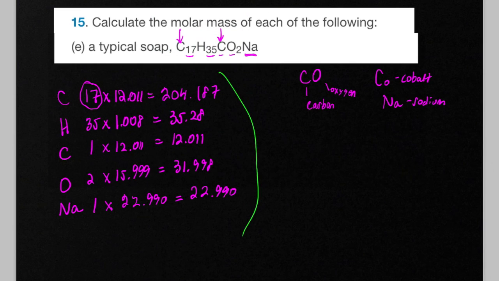The last step, remember, is always to add them all up. Okay. And the molar mass of our typical soap here is 306.466 grams per mole.